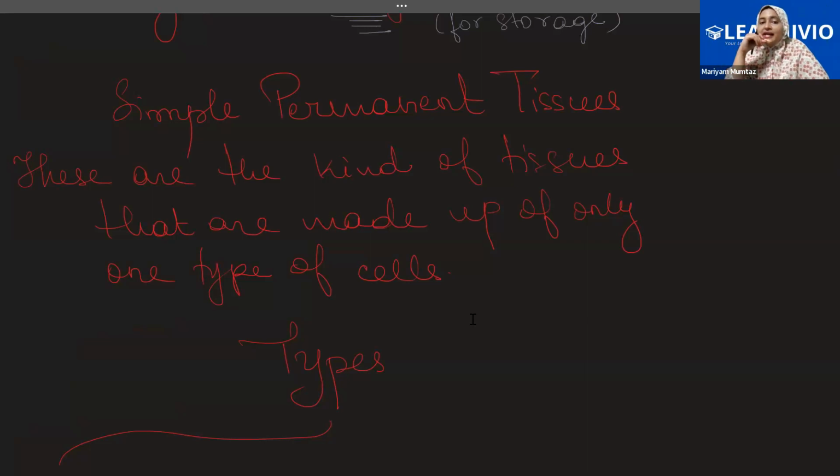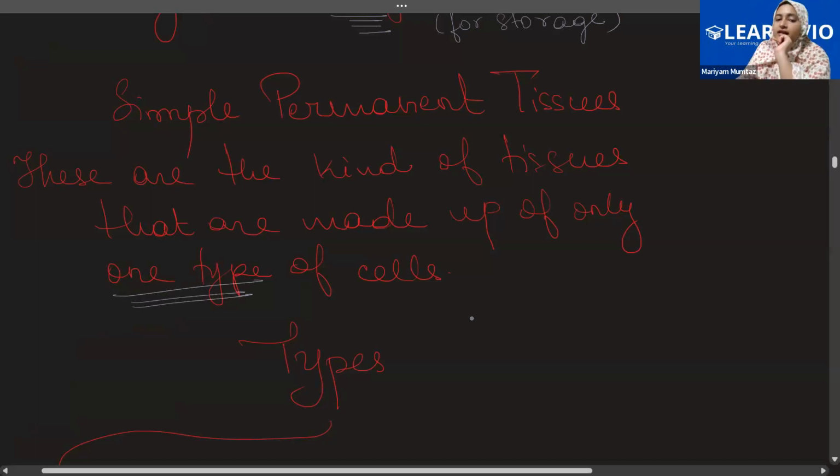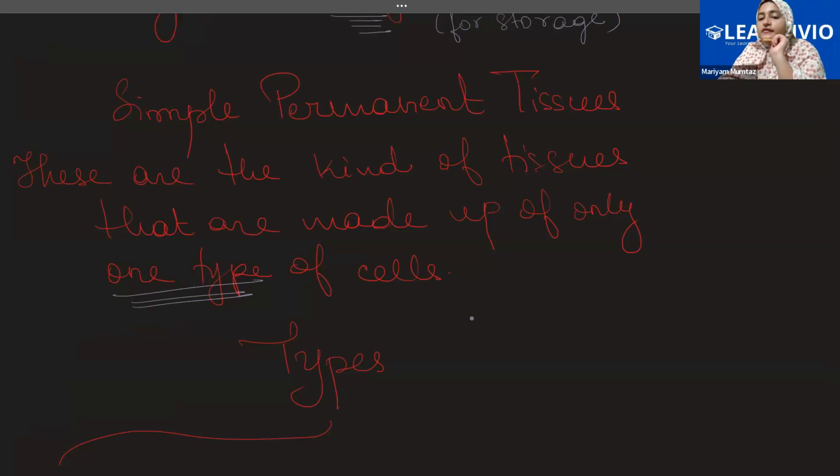So these are tissues made up of only one type of cell, meaning you will not find any variation in the cells. And all of you know that a group of cells is called as?